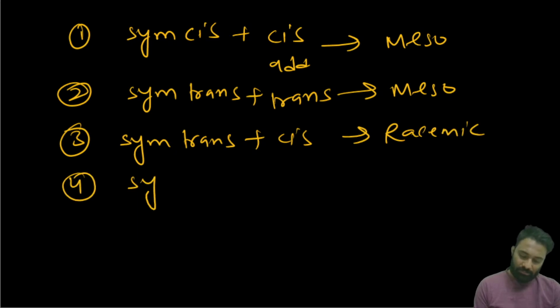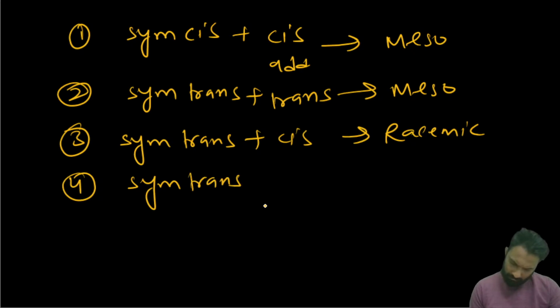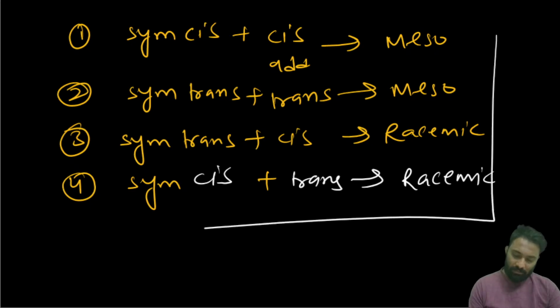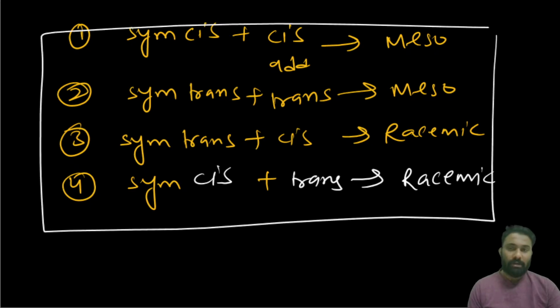Fourth, the reverse, symmetrical cis upon trans, also gives racemic. These are key points you have to remember.